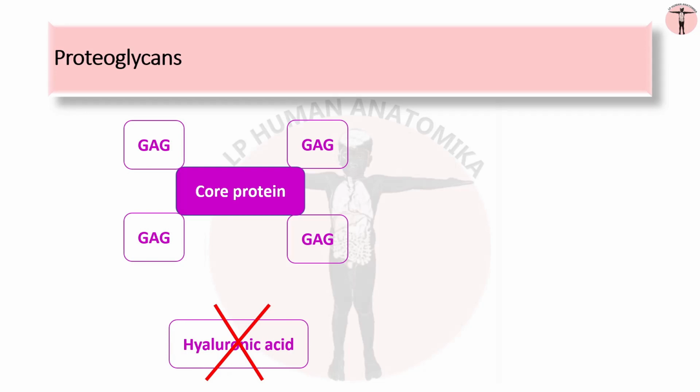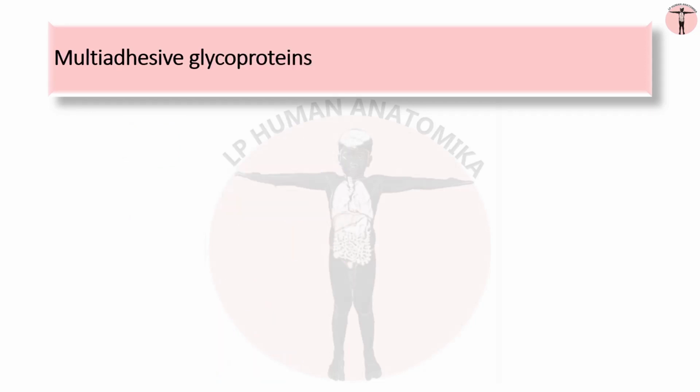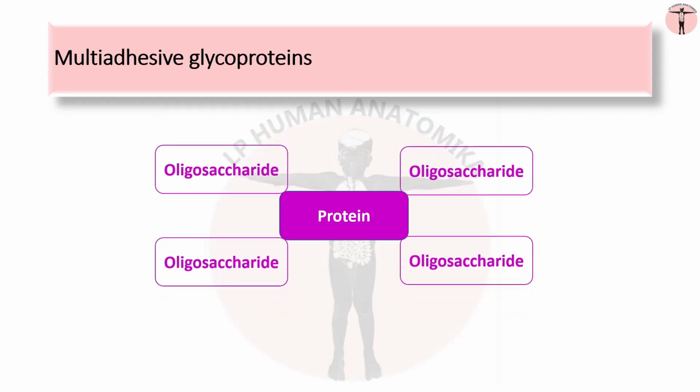Core protein of proteoglycan binds with a long strand of hyaluronic acid through link proteins. Example is aggrecan.